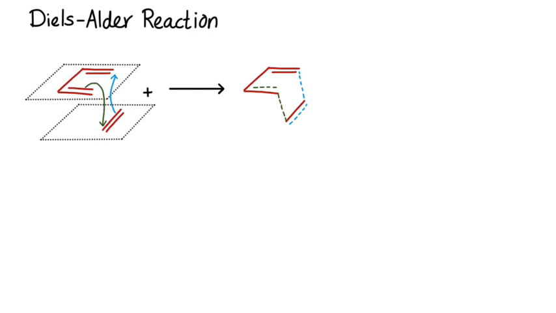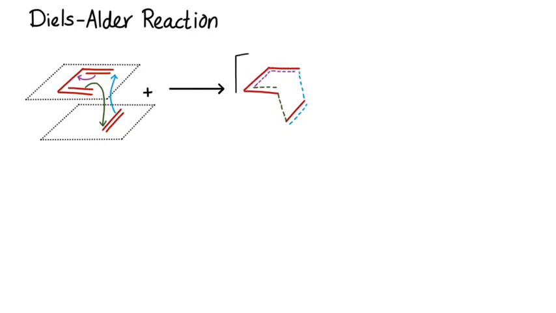And because now this carbon gets too many bonds, the sigma bond will break and this pi bond will break and form a new pi bond here.